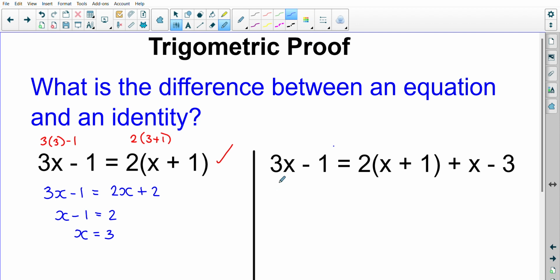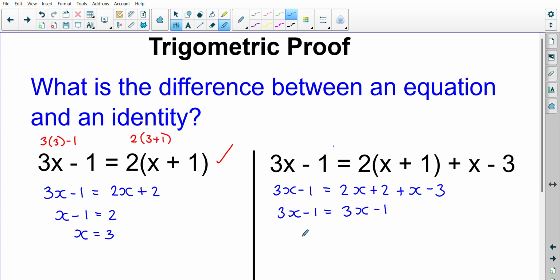If I do this equation here, so I'll sort out the right-hand side, expand, and then if I combine like terms, so I'll get a 3x minus 1 on there.